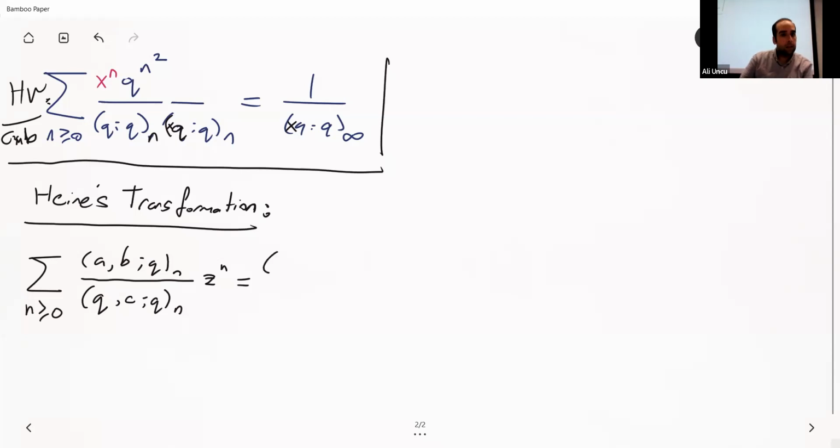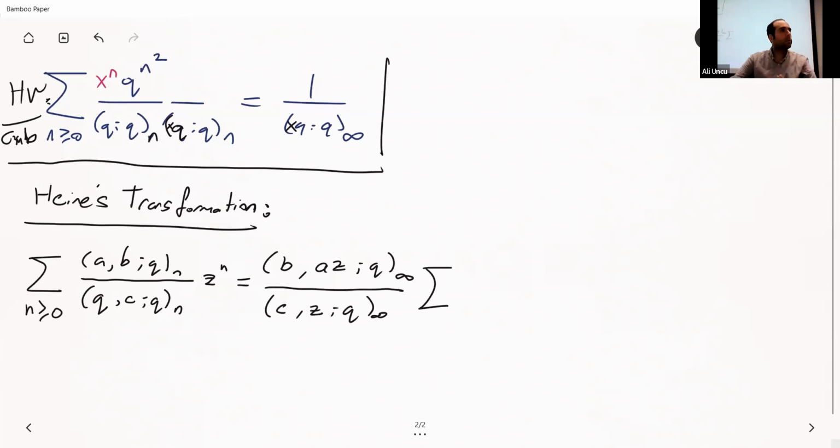And this sum transforms into (b; q)_∞ (az; q)_∞ divided by (c; q)_∞ (z; q)_∞, and another sum. So this is a transformation formula. It doesn't sum up. It doesn't become a product itself, but it transforms into something.